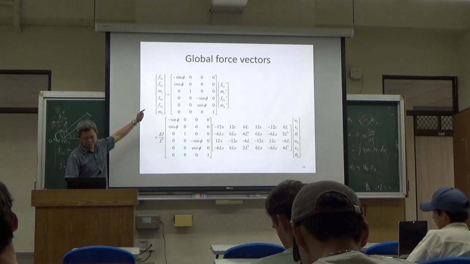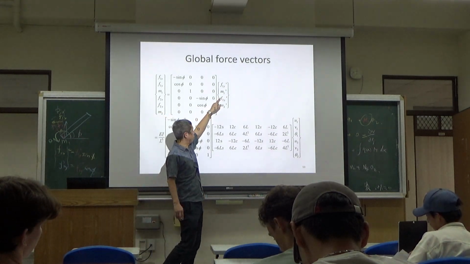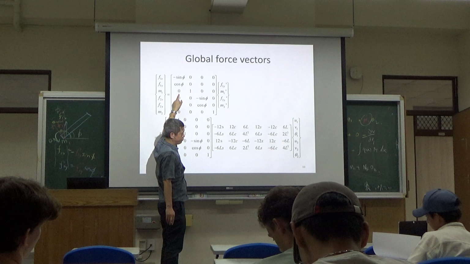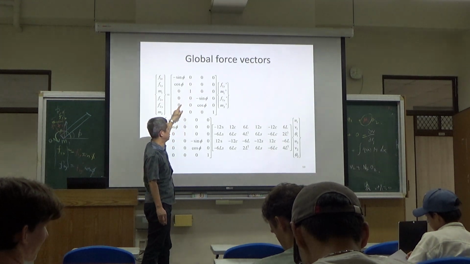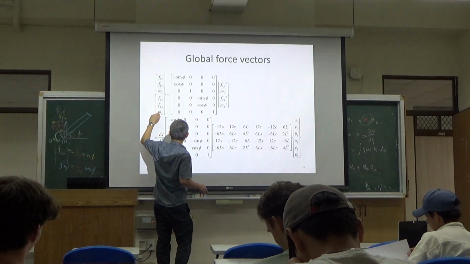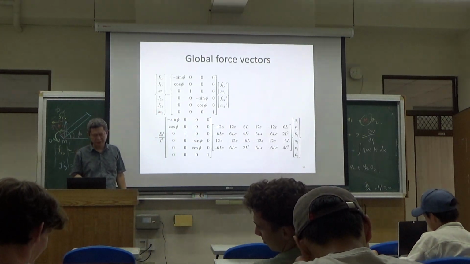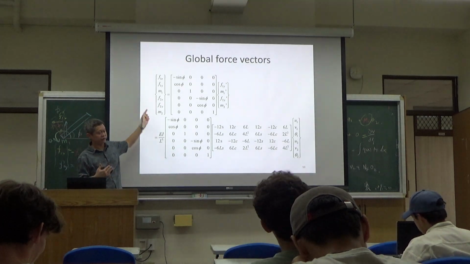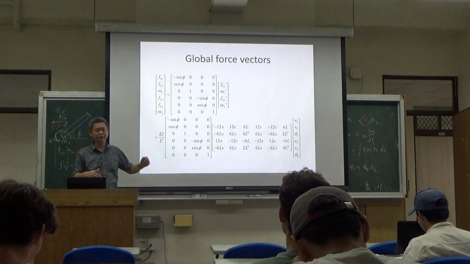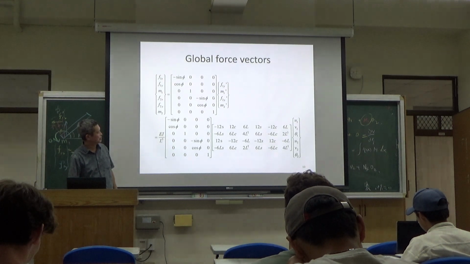If you now multiply this local force on the beam with the rotation matrix transpose, then you're going to have global forces. Force in the x direction, force in the y direction, and even the moment of each node by doing this multiplication.